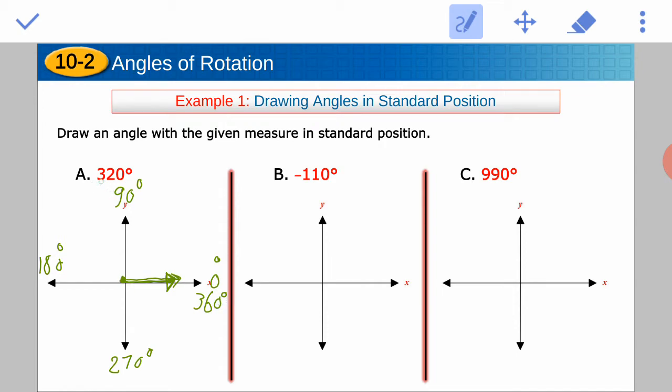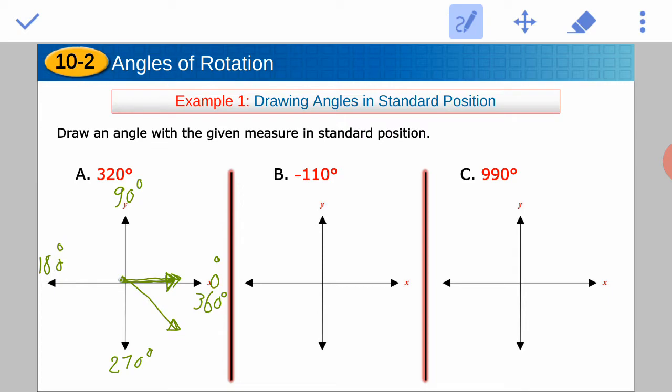Now our angle is 320 degrees, so it's greater than 270 and less than 360. It's beyond 270 by 50 degrees, so it's going to be somewhere like here. We're not drawing an exact angle using a protractor. We're only creating a rough graph of the angle. The very important thing is to show a couple of things.